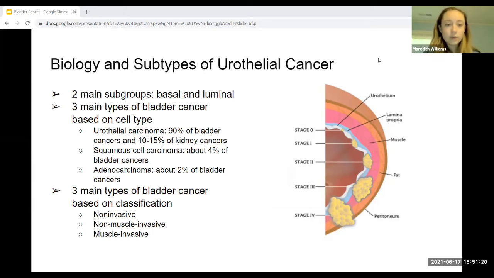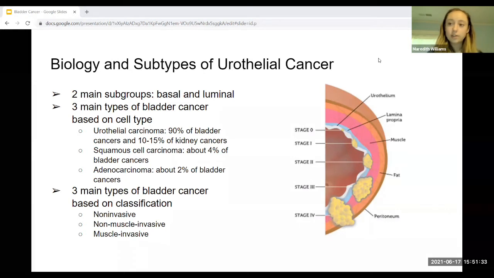And then the next one is adenocarcinoma, which makes up about 2% of bladder cancers, and those start in glandular cells, which form in the bladder after prolonged irritation, which can also follow the squamous cells.